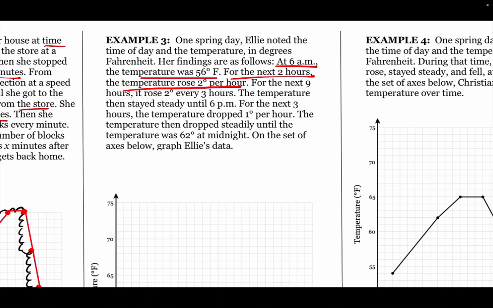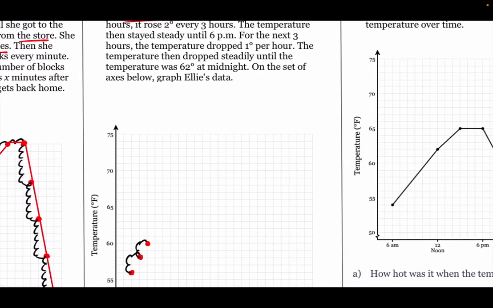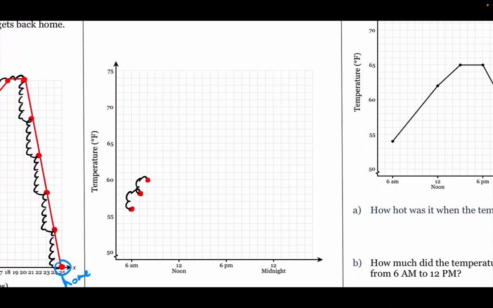For the next 9 hours, it went up 2 degrees every 3 hours. Okay, so we're at 8 a.m. right now. So 9 hours is going to be 9, 10, 11, 12, 1, 2, 3, 4, 5 o'clock.